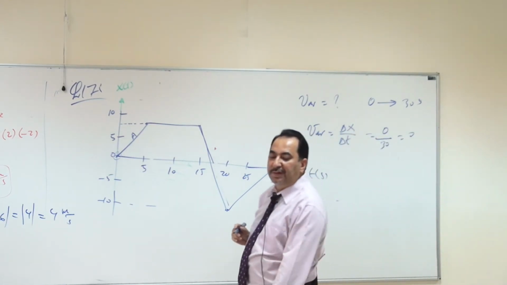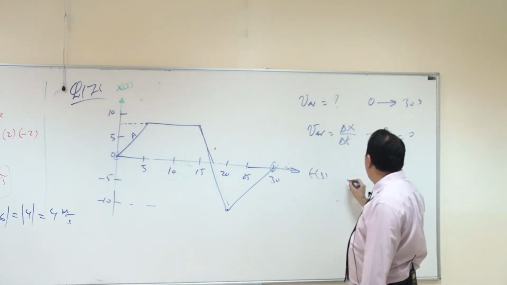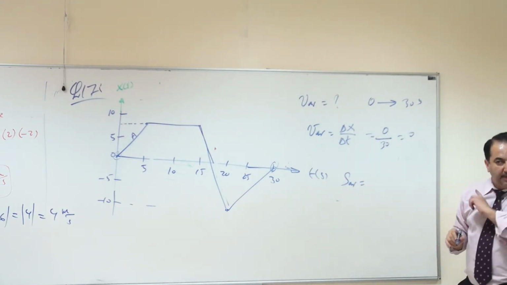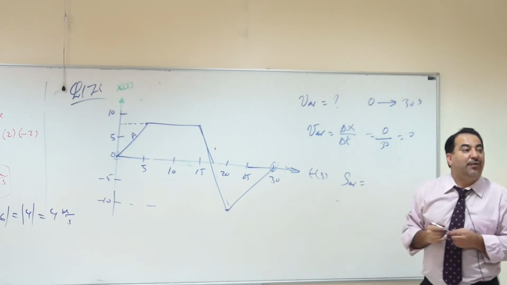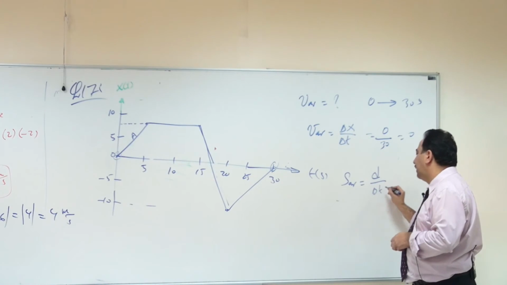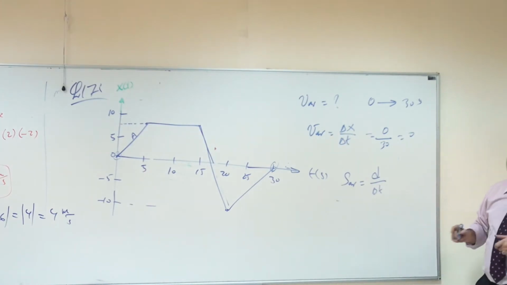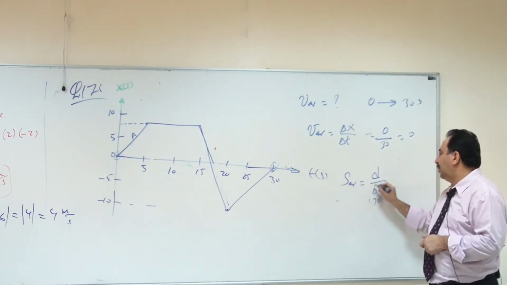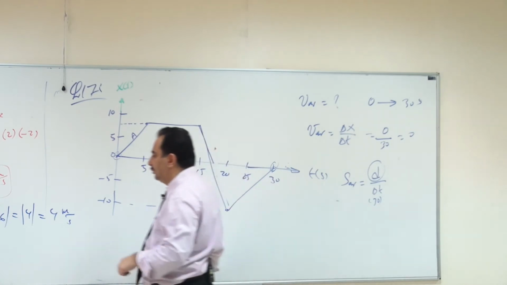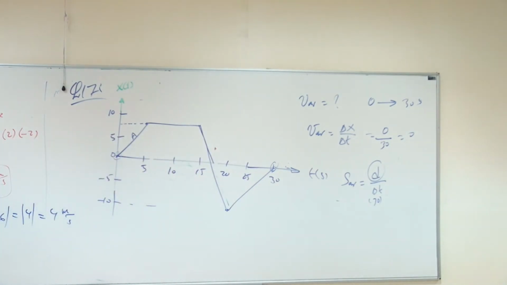Second part, what is that? We want the average speed from 0 to 30. Still, same question. What do you need for average speed? Distance over time. How much is the time? 30, yes? But the problem is in the distance. What is the distance moved from 0 to 30? How do we find distance?